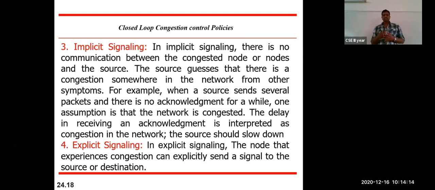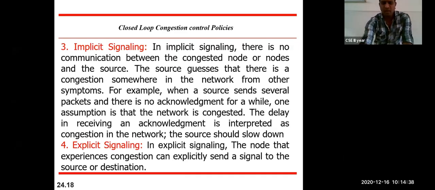So what is explicit signaling? In explicit signaling, the node that experiences the congestion can explicitly send a signal to the source or destination. It is a little bit similar to choke packet or back pressure, but there is a difference. The node that is experiencing the congestion will send a signal either back to the source or to the destination.